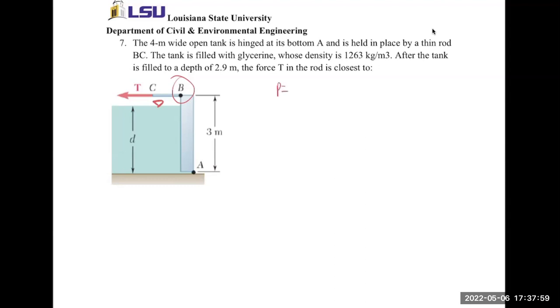So for pressure, the equation is gamma Z, which is equal to rho g Z. And Z in this case is going to be the depth of the water, which will be this D right here. Okay, because I know this total thing is 3 meters, but the water is only filled up to 2.9 meters.